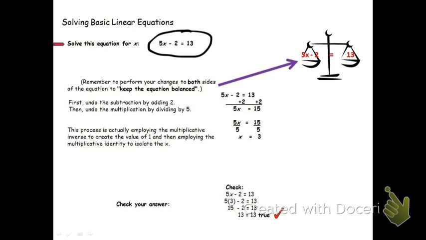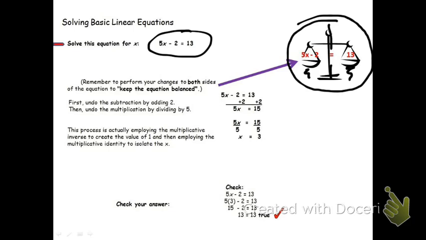Okay, when you're solving linear equations, you sort of undo the operations around the variable. In other words, if you have something subtracted, you're going to add that to get rid of it. If you're multiplying, you're going to divide to get rid of it. And we've got to think in terms of a balanced scale. The equal sign is our fulcrum here, and whatever we do to one side of the scale, we've got to do to the other side to keep the balance.